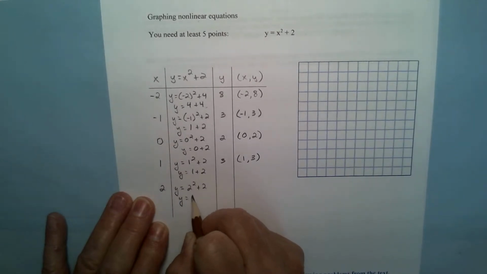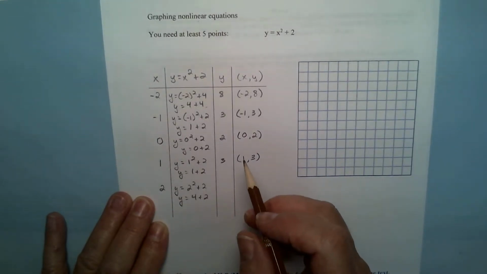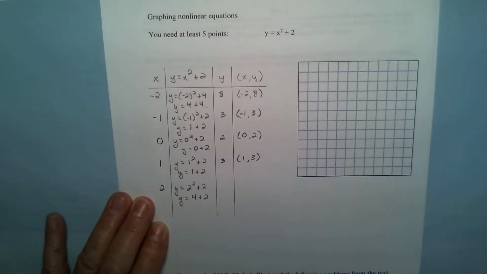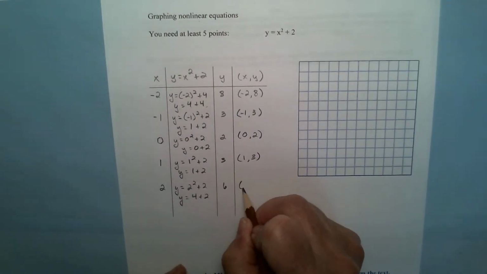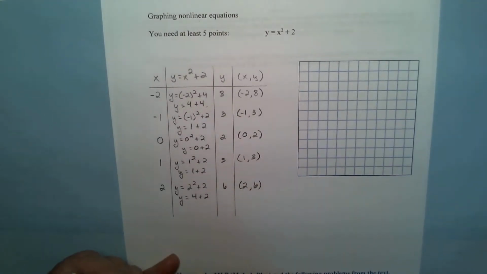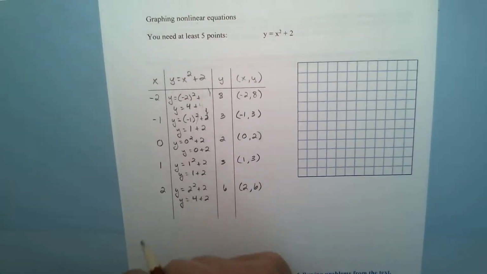Y is equal to 4 plus 2, which is, you know what, I've made a mistake up on the top, and I'm glad I caught it, because this guy down here is 6, and this, I copied the number down wrong.